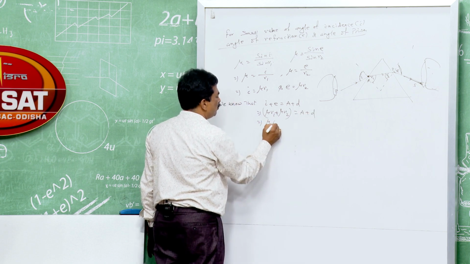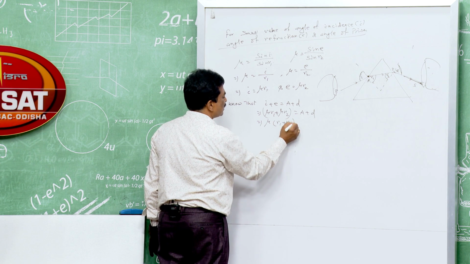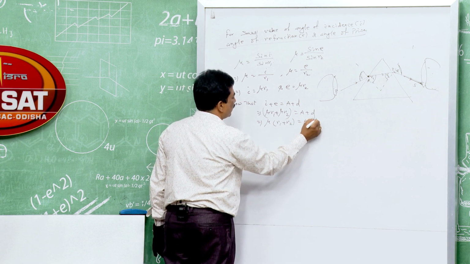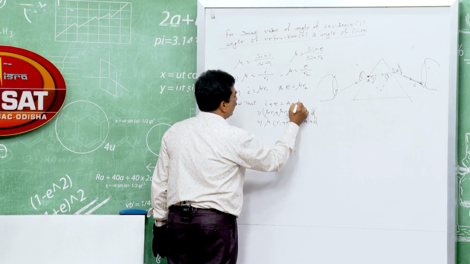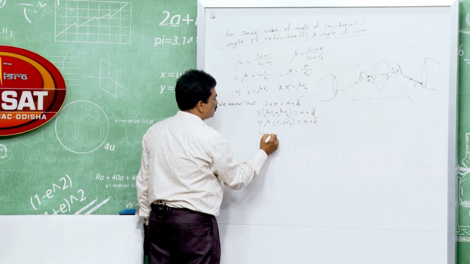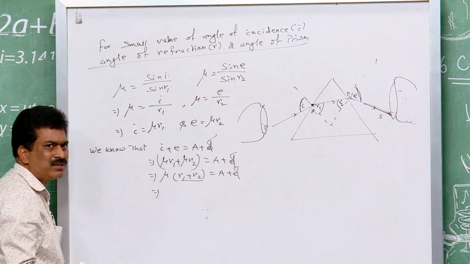If we take mu as common, r1 plus r2 is equal to A plus D, where D means deviation, which we write with the symbol delta. And r1 plus r2 is equal to A, as we have written.